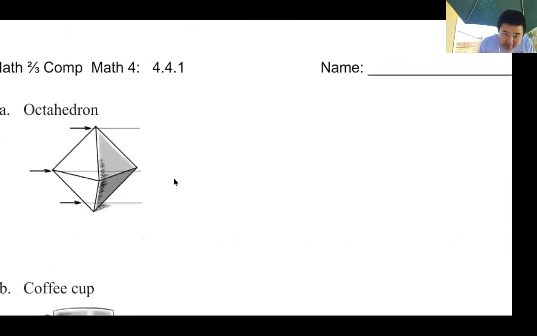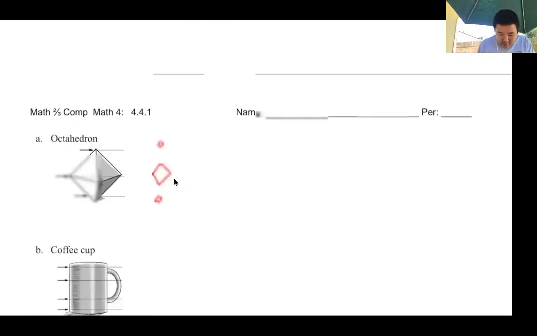And the really top one's going to be a super small square or diamond. Then not so big. Coffee mug.